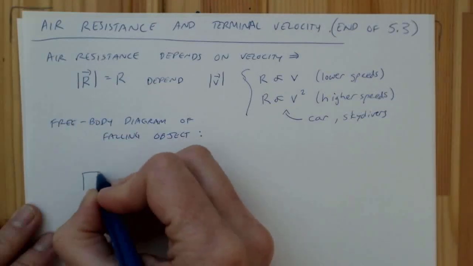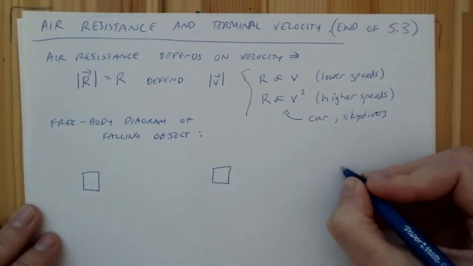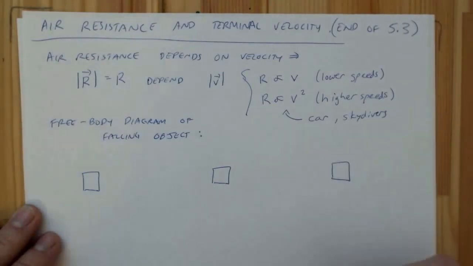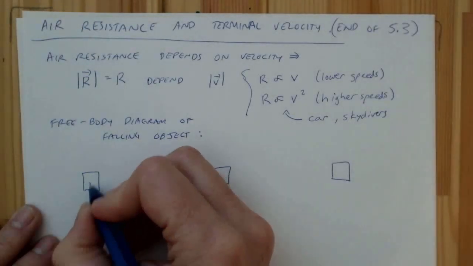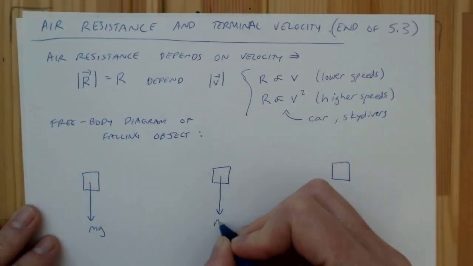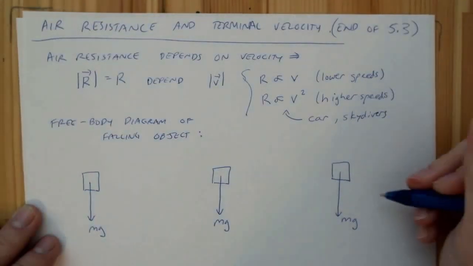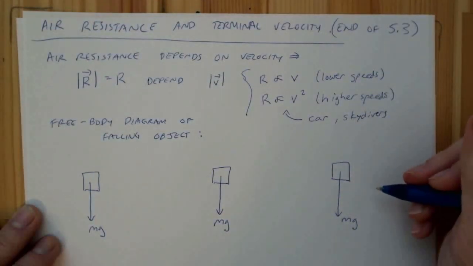So let's draw it at 3 separate times. So we have time 1, time 2, and time 3. Well, in all cases, the weight is the same. We would expect fully that the mass is the same, g is the same, so the force of gravity hasn't changed in any of these instances.